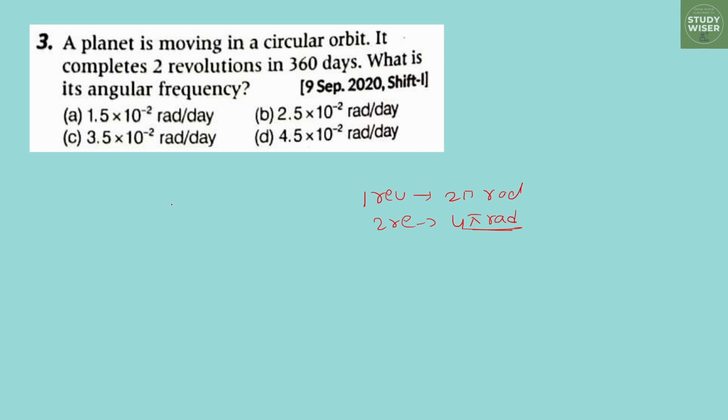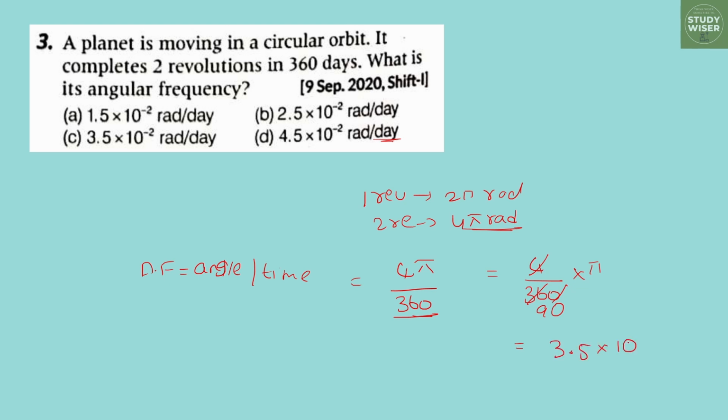అంటే మనకు యాంగులర్ ఫ్రీక్వెన్సీ ఫార్ములా ఏంటి? యాంగులర్ ఫ్రీక్వెన్సీ ఈజ్ ఈక్వల్స్ టు యాంగిల్ బై టైం. టోటల్ యాంగిల్ ఎంత? 4π, 2 రెవల్యూషన్స్ కాబట్టి 4π. టైం ఎంత? 360. ఇక్కడ మనకు డేస్లో ఇచ్చాడు కాబట్టి మనం టైం కూడా డేస్లో తీసుకుంటున్నాం. సో 4/360, దీని వాల్యూ ఎంత వస్తుంది? ఫైనల్ వాల్యూ క్యాలిక్యులేషన్ చేసిన తర్వాత 3.5 × 10⁻², రేడియన్ పర్ డే.